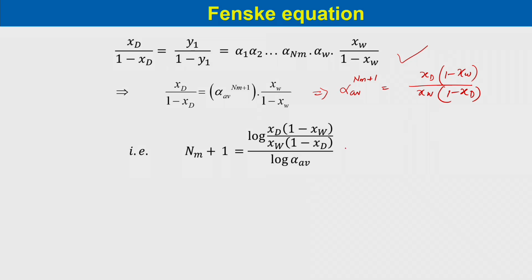We can also write this as nm is equal to log of x_d into 1 minus x_w divided by x_w into 1 minus x_d, divided by log alpha average, minus 1.